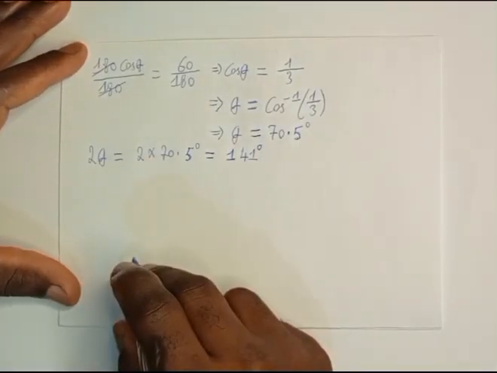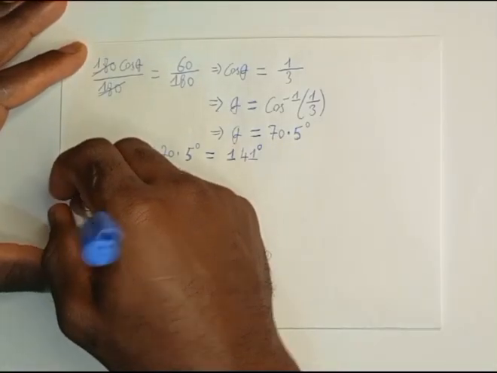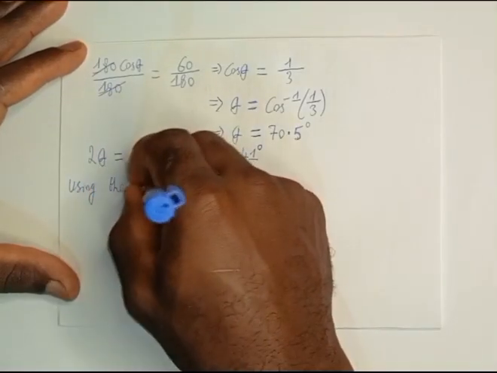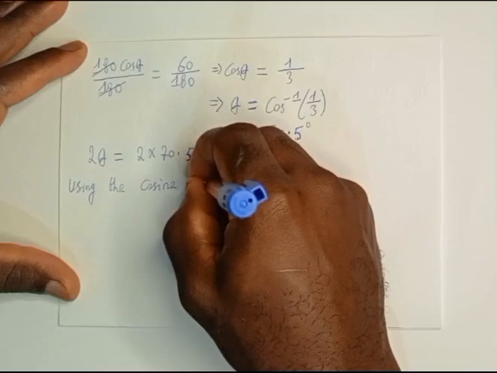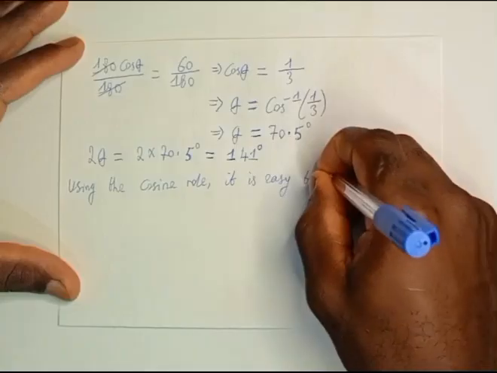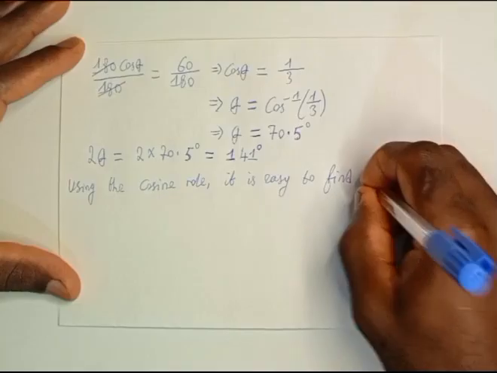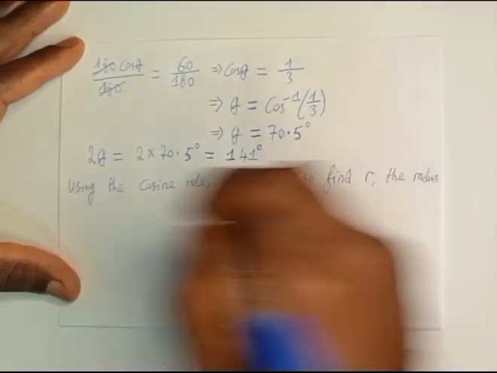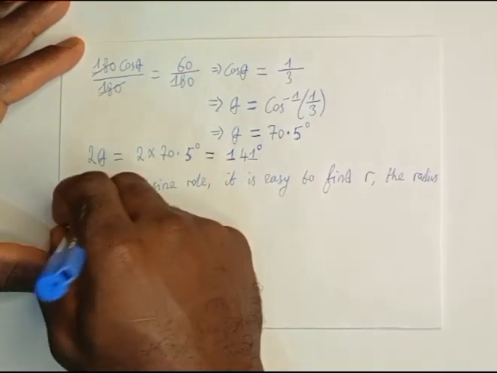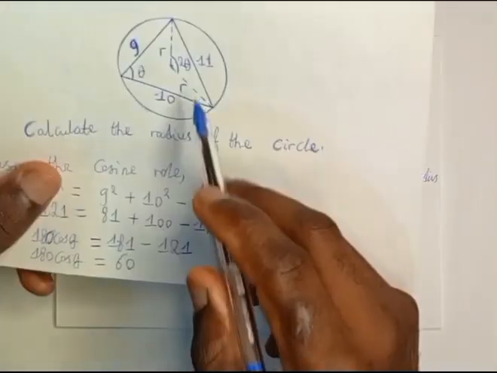Knowing this, we can proceed now to find the radius of the circle by making use of the cosine rule again. Using the cosine rule, it is easy to find r, the radius of the circle, that is, the side which is opposite the angle 2 theta is 11.